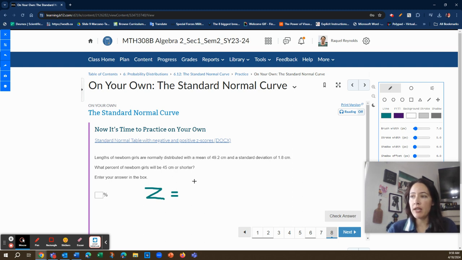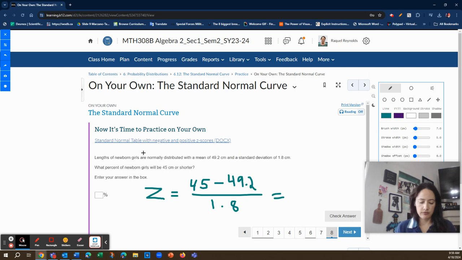So you're going to find 45, the raw data, minus the mean, 49.2, all of that over 1.8. Use a calculator: 45 minus 49.2 divided by 1.8 gives you a z-score of negative 2.33.